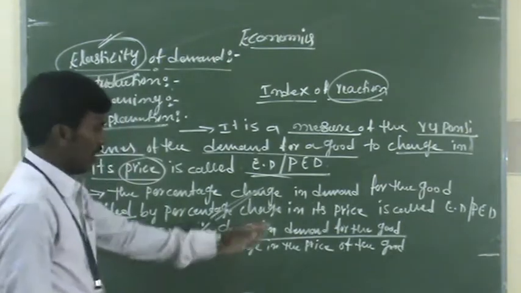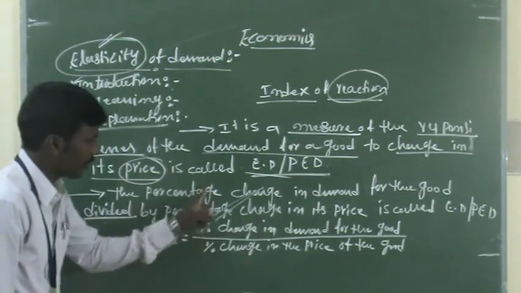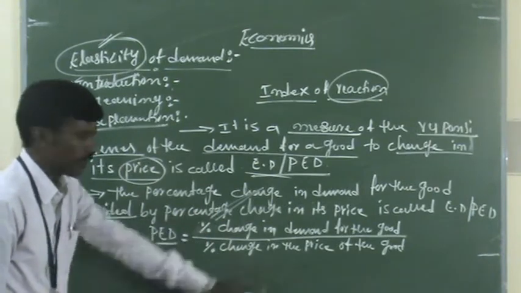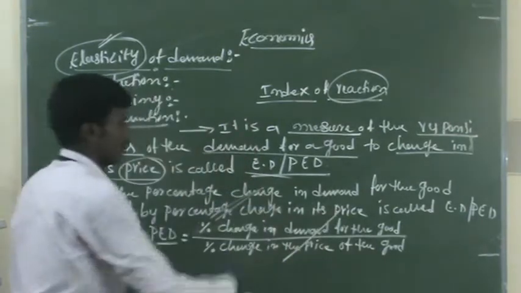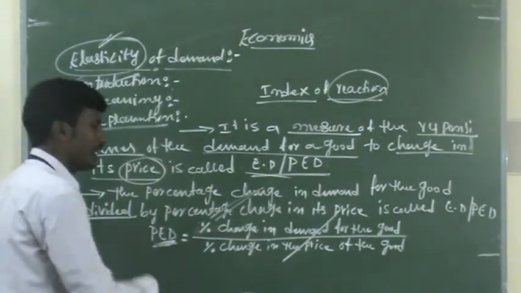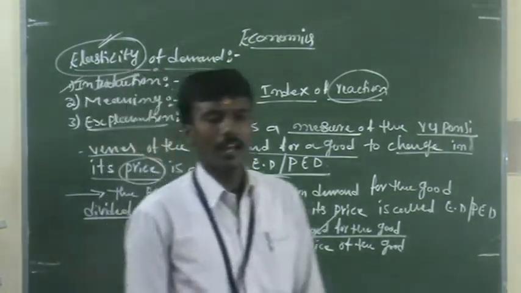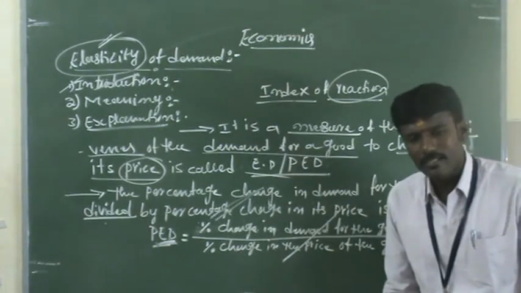ಇದು ಸೆಕೆಂಡ್ ಮೀನಿಂಗ್ ಇದೆಯಲ್ಲ, ಅದೇ ಮೀನಿಂಗ್ ಅನ್ನು ಈಕ್ವೇಷನ್ ಆಗಿ ಬರೀತಿರೋದು. See, the percentage change in demand for a good divided by the percentage change in the price of a good, we will get PED. See, sometimes the examiner asks what is the equation of the PED or the price elasticity of demand.